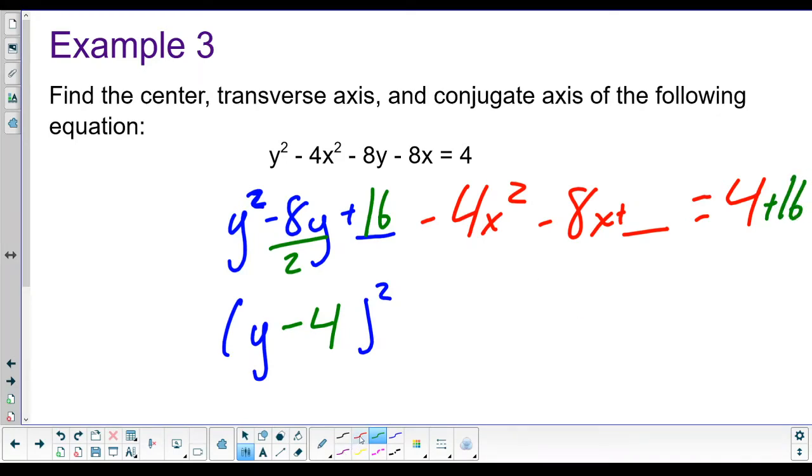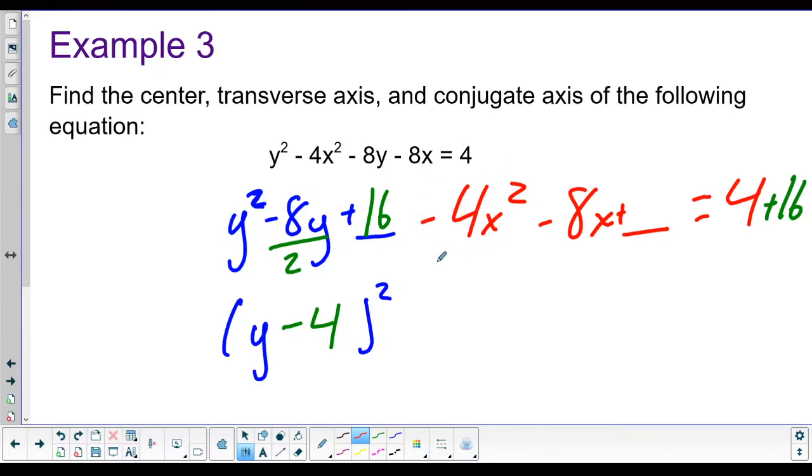All right. I might be getting a little ahead of myself here, but here on the x's, to complete the square, the first step is we need to get rid of this coefficient because you just can't complete the square when a isn't 1.